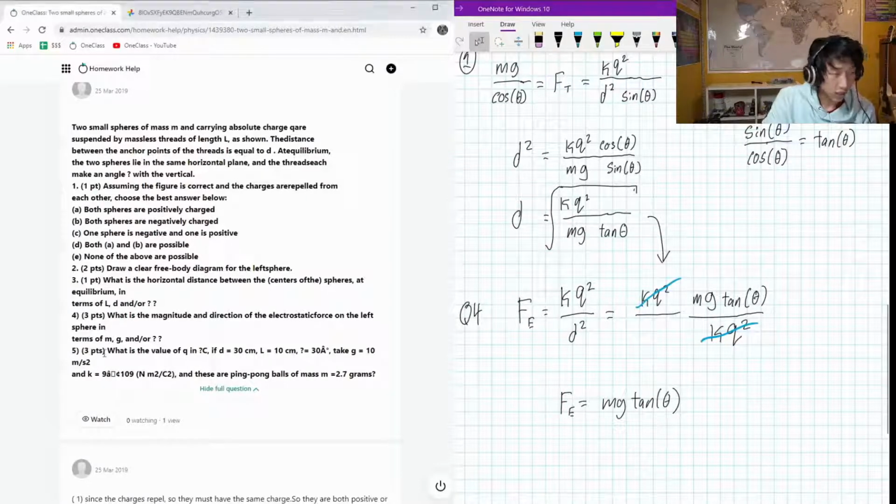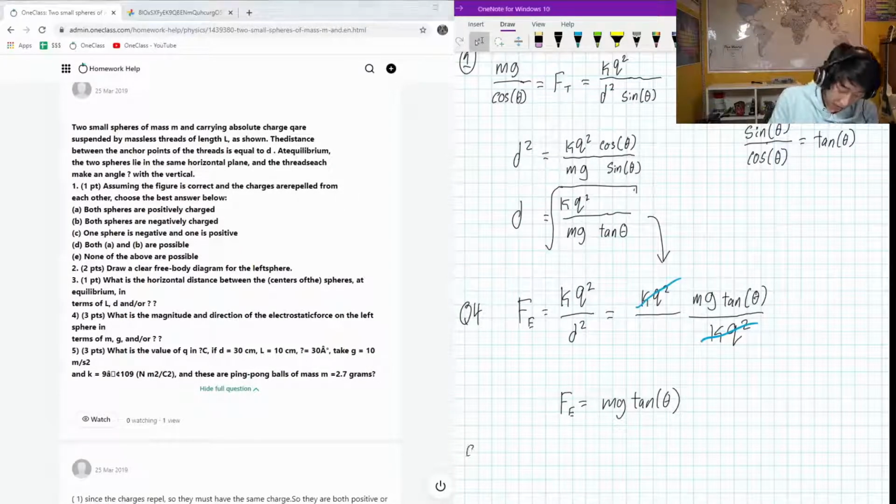The next question, part 5, is asking us what is the value of Q, the charge, if D is 30 centimeters, L is 10 centimeters, our angle is 30 degrees, and our gravity is 10 meters per second squared. That's a little bit uncomfortable, but we'll deal with that.